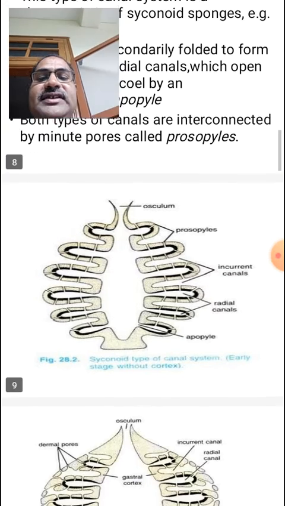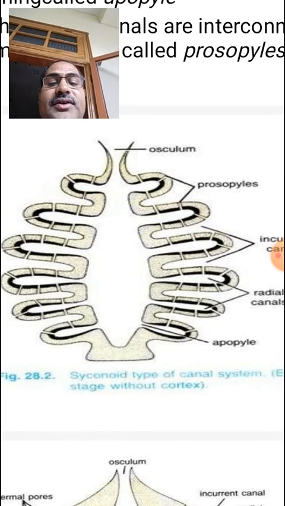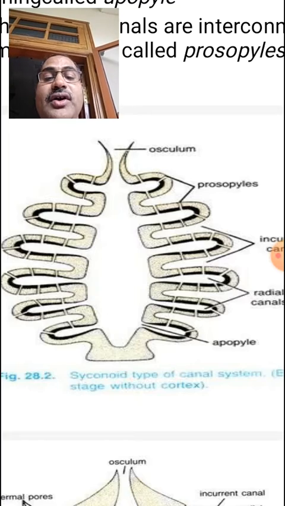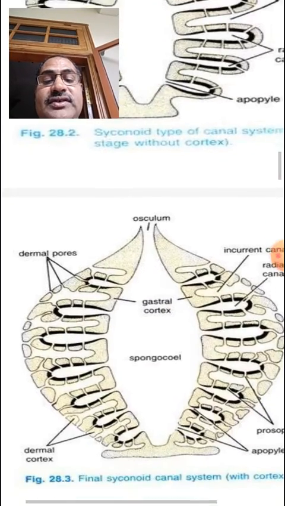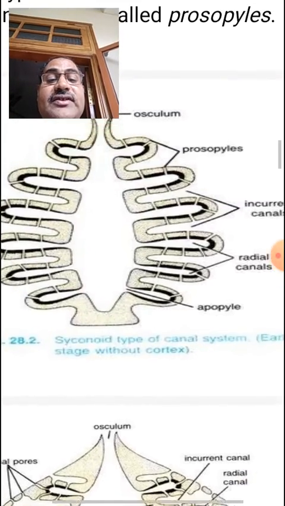So you see the structure of this syconoid type. In the syconoid type, you have two structures: syconoid type with cortex and without cortex.